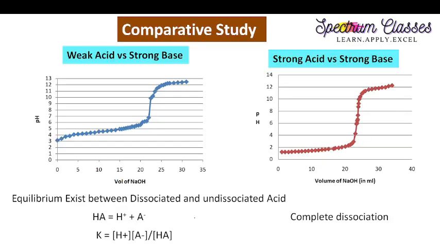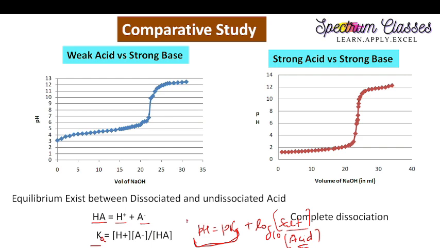Here is the Henderson equation for HA, for which we are going to calculate this Ka: pH is equal to pKa plus log base 10 of salt upon acid, right? The salt, which is formed by the reaction of this acid with the strong base, has a concentration exactly equal to the acid, so this term becomes 0. So this pH is exactly equal to the pKa.